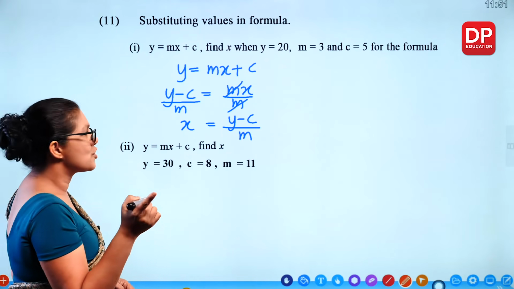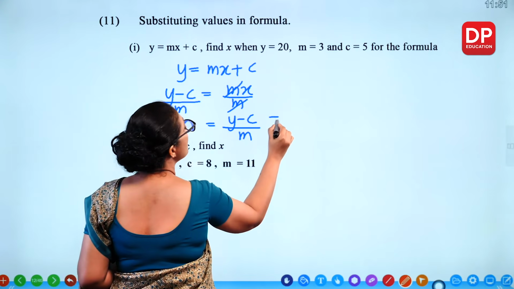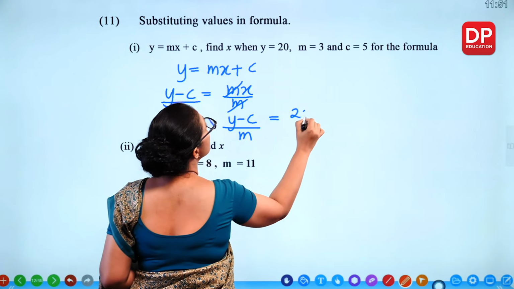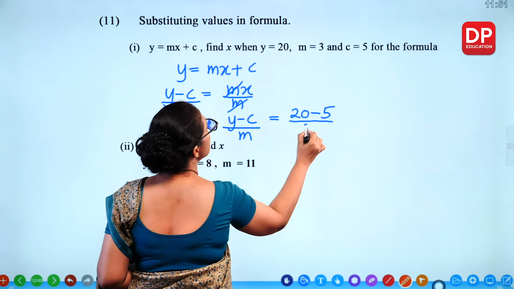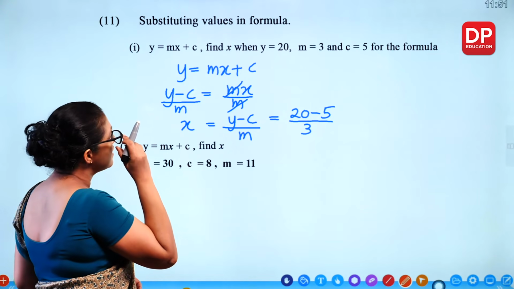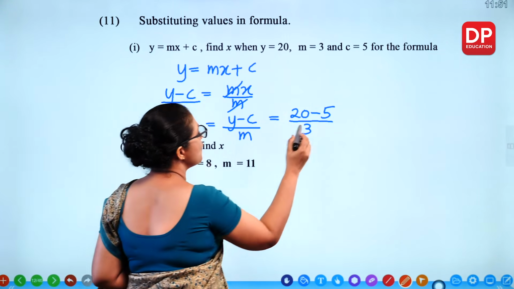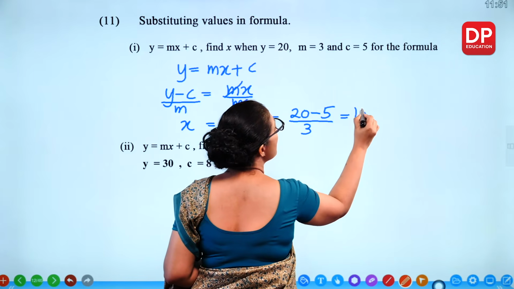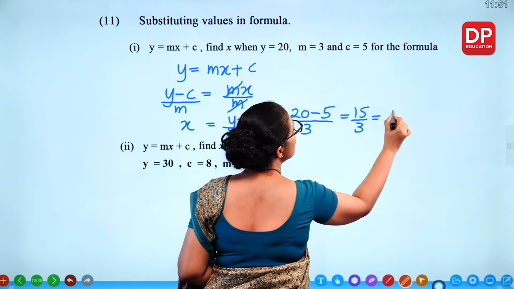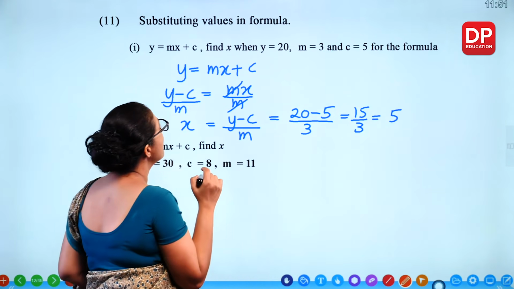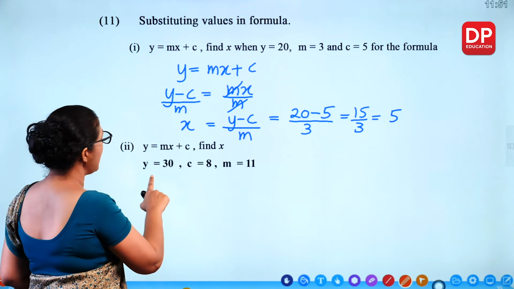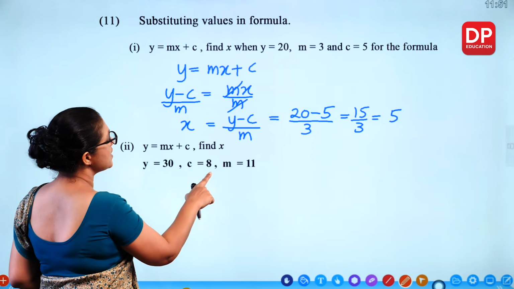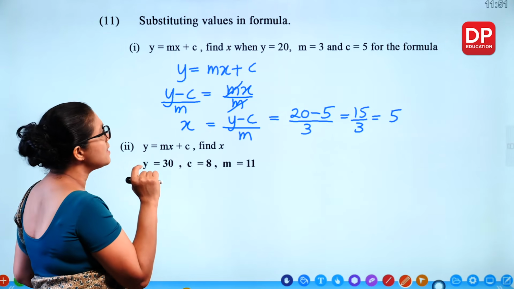Now we can substitute. Y equals 20, c is 5, and m is 3. So what's the x value? 20 minus 5 is 15. 15 divided by 3, you get 5. So the x value is 5. This one: find x when y equals 30, c equals 8 and m equals 11.